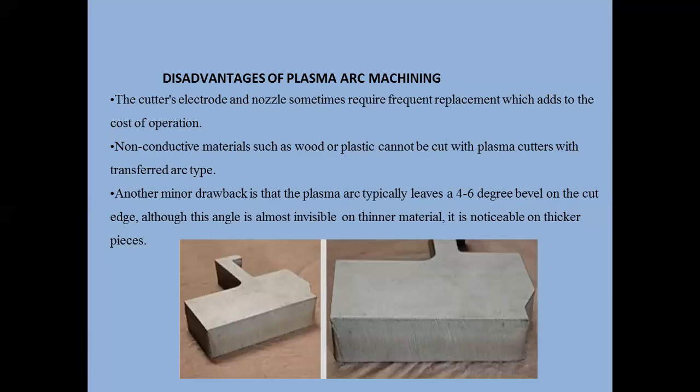Another minor drawback is that the plasma arc typically leaves a 4 to 6 degree bevel on the cut edge, or we can say a manufacturing dimensional defect in thicker workpieces. Okay, so this is one more common disadvantage in plasma arc machining.